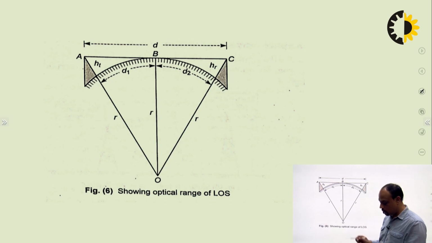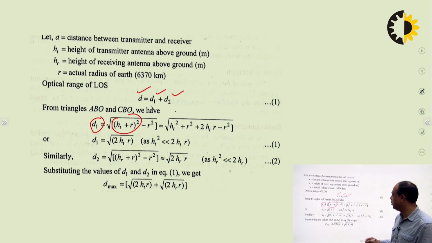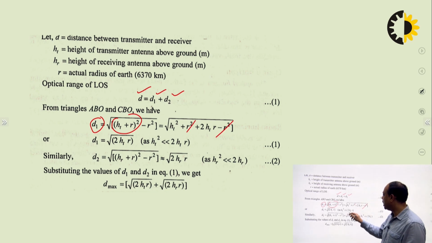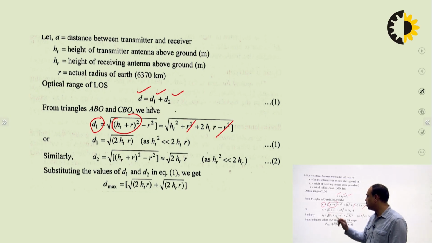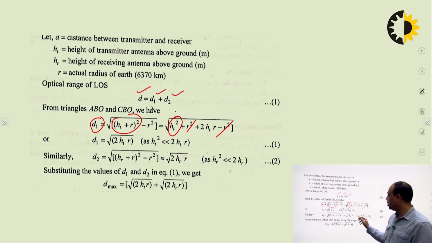So d1 is equal to the square root of (ht plus R) whole square minus R square. As we open this, we have ht square plus R square plus 2 ht R minus R square. The R square is cancelled out, and we have d1 equal to the root of 2 ht R. Where did ht square go? Because the height of the antenna is very small compared to the radius of the earth.